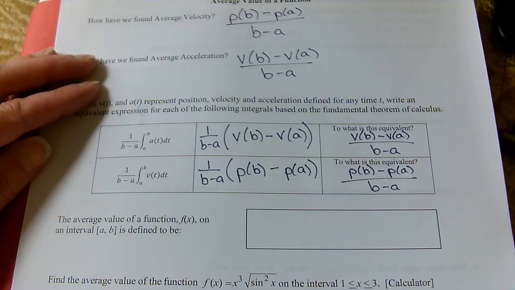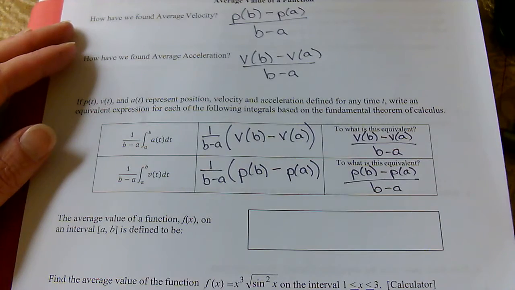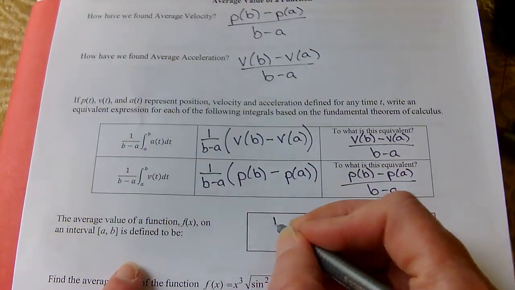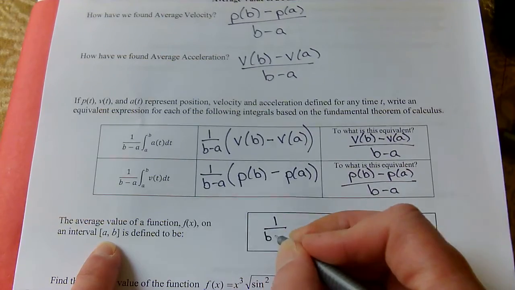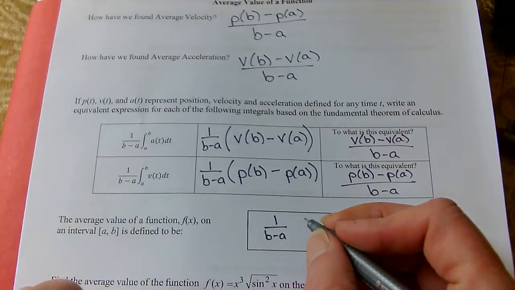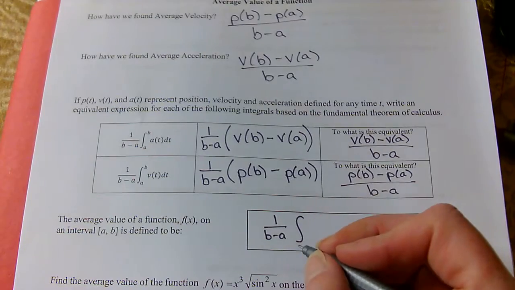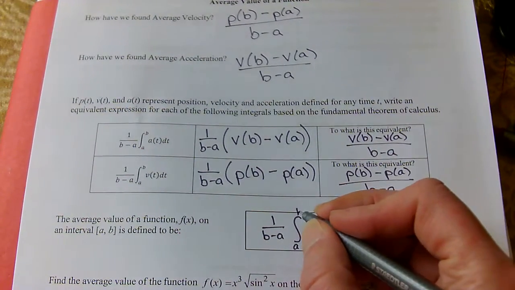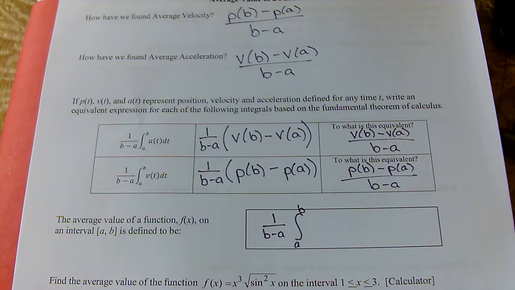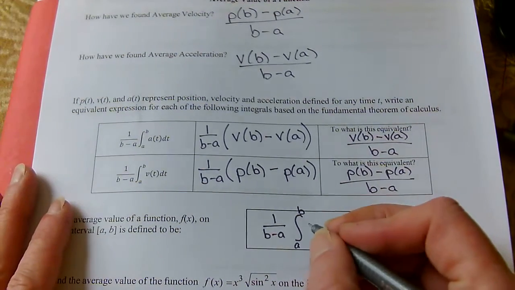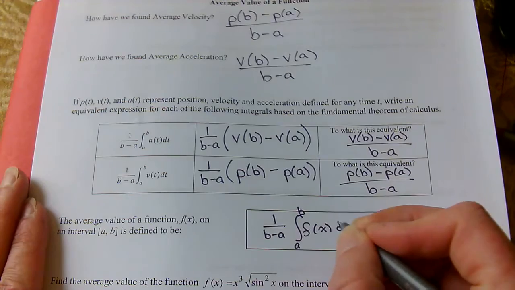So the average value of any function can be defined as 1 over the change in the x values times the integral from a to b of that function with respect to x.